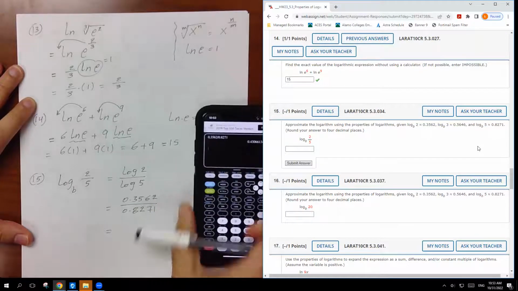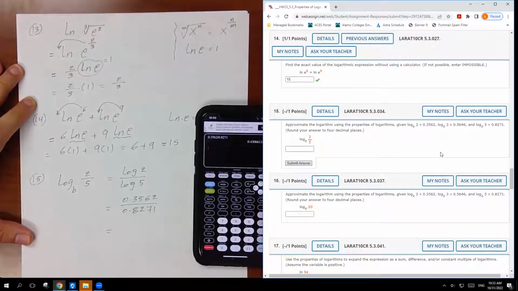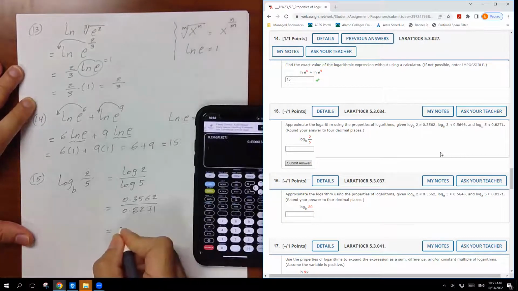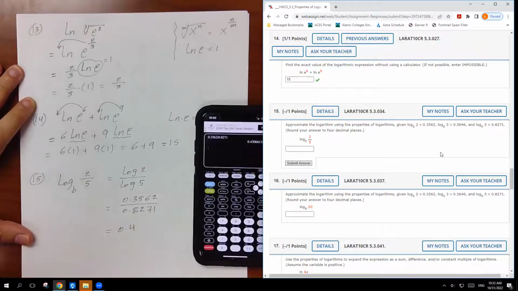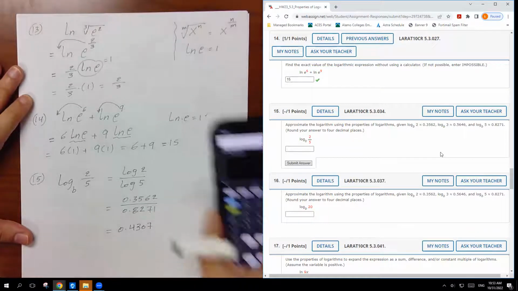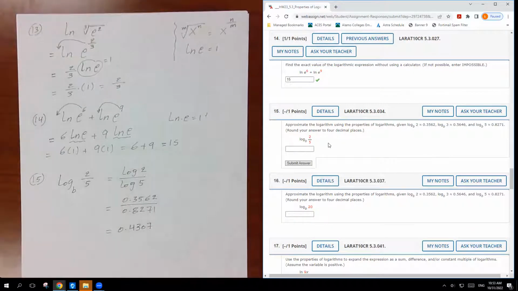The result is going to be, and round your result to 4 decimal places, 0.4306, so the 6 becomes 7. That means the result for this example is going to be 0.4307. That's it for this example.